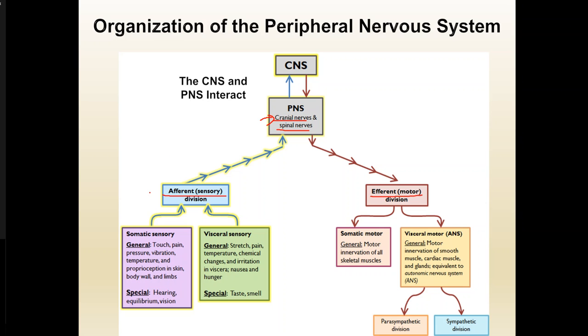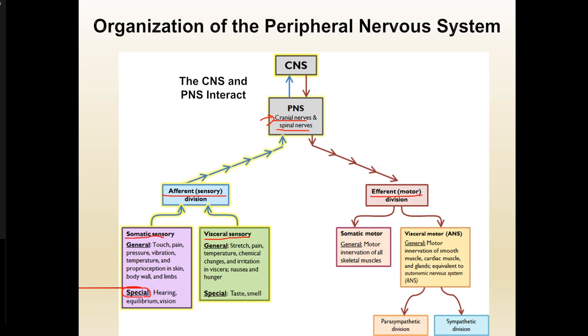The afferent or sensory division contains both somatic sensory and visceral sensory divisions. And within these two, we also have to make a distinction because there are some somatic sensory functions that are special. We recognize them as special, and we're going to talk about this in a couple of lectures from now.